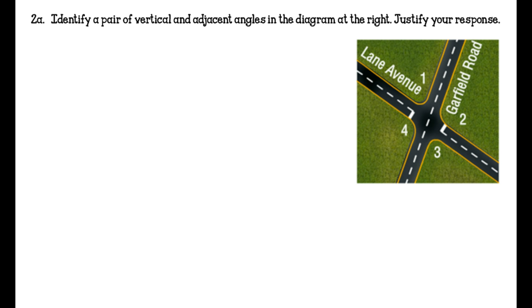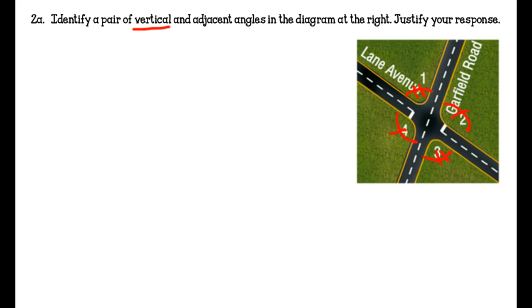2A, identify a pair of vertical and adjacent angles in the diagram at the right. Justify your response. I am going to do vertical in red. The definition of vertical is that they are formed by two lines, opposite of each other, and congruent. So 1 and 3 would be vertical and congruent, and 4 and 2 would be vertical and congruent. I put that mark in it to recognize that 4 and 2 are congruent, and 1 and 3 have 2 marks through them to show that they're a separate pair.